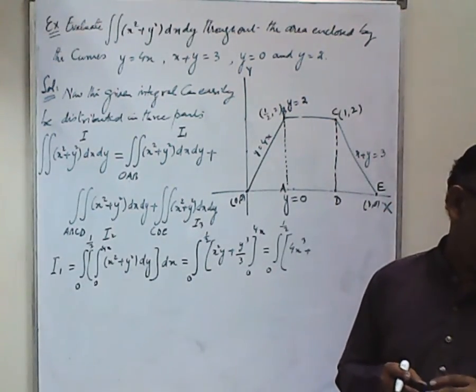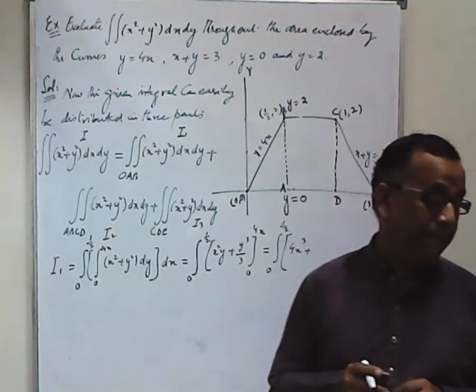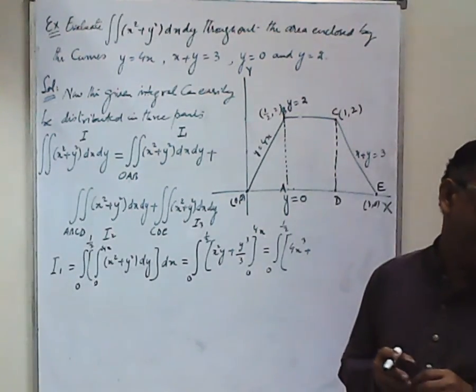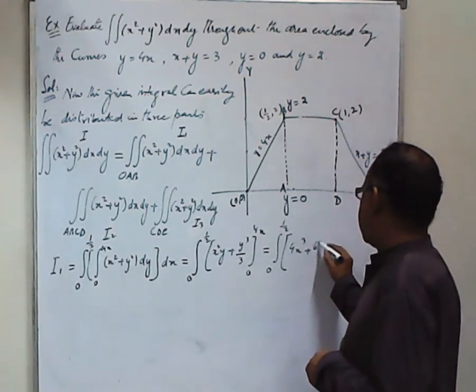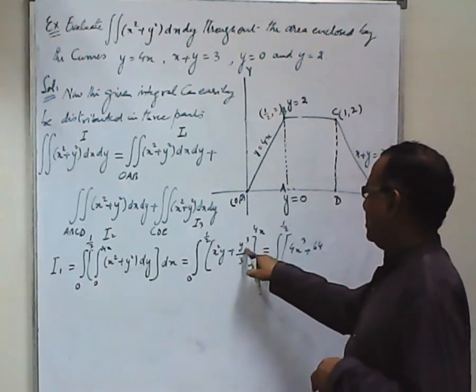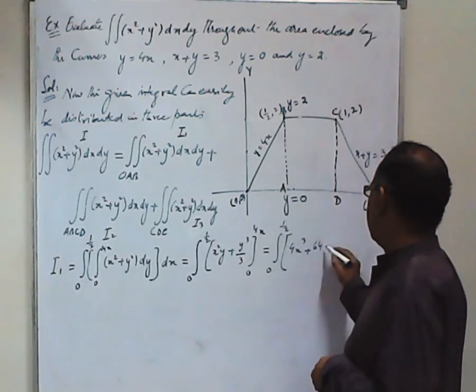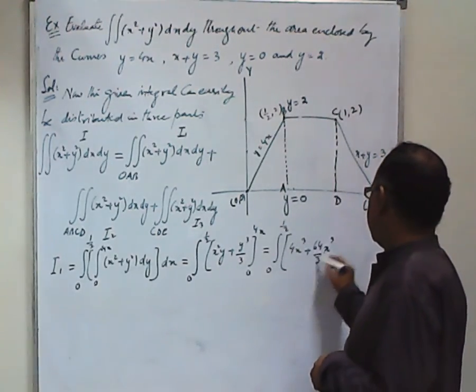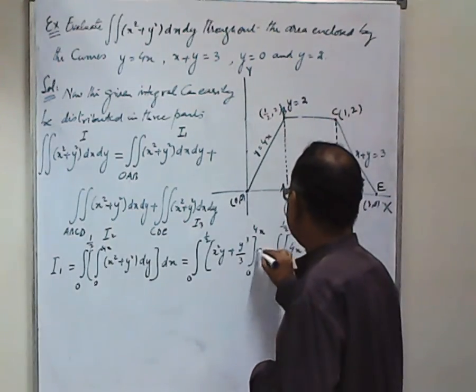And when I substitute into the second term, 4 4s are 16, 16 4s are 64, so it will be 64 x cube upon 3. Sorry, I missed writing dx here.